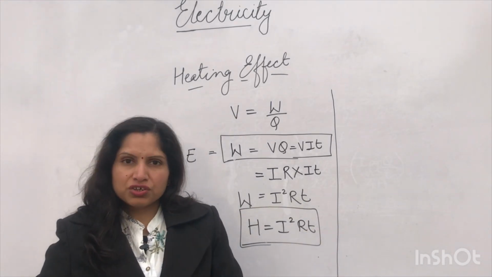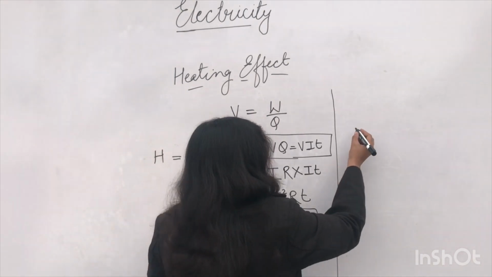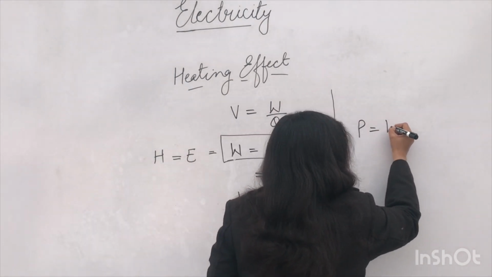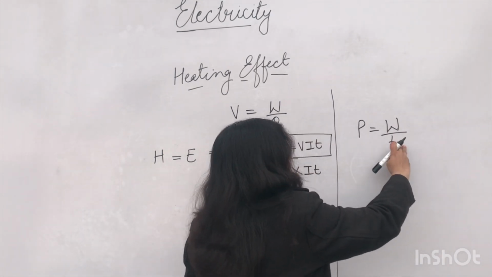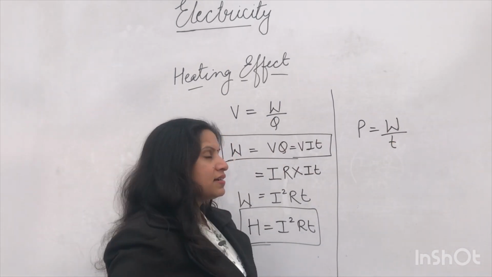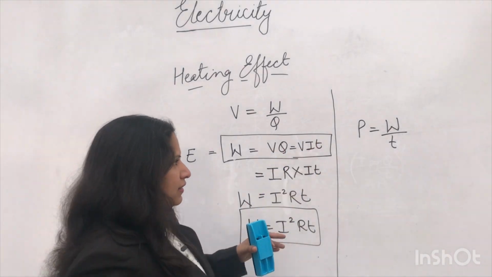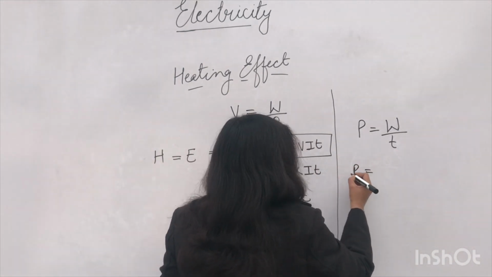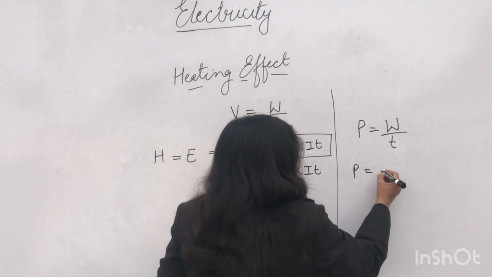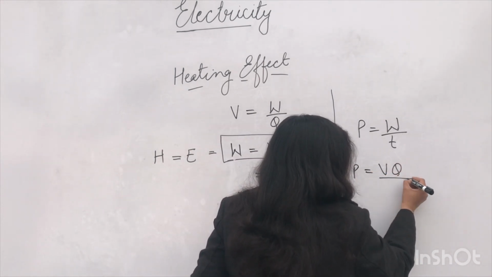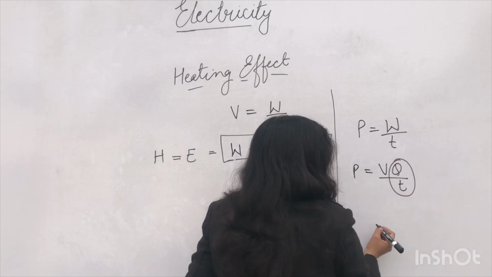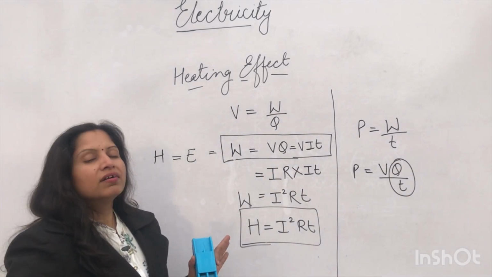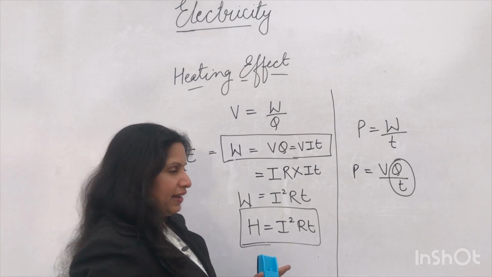Now, in general, you all know that power is the work done per unit time. So, replacing work done, I can write V into Q upon T. But Q upon T is equal to, remember, I, the current.